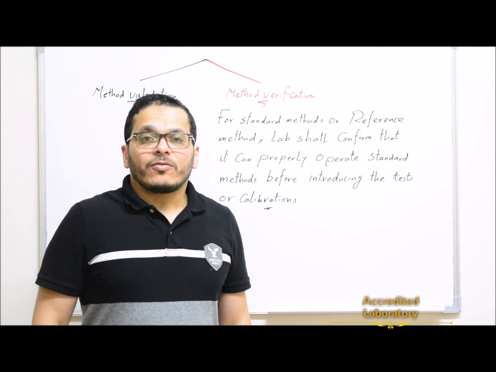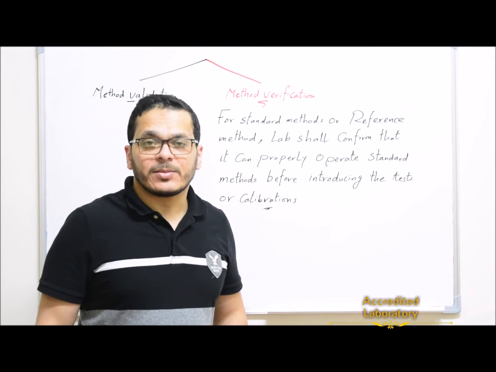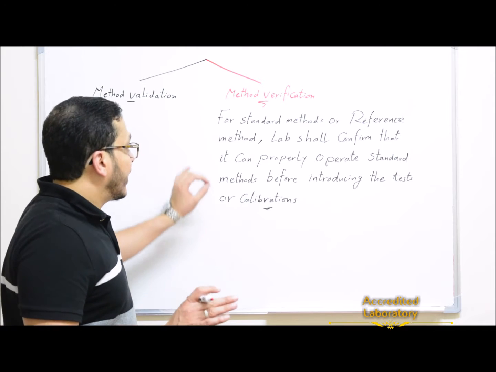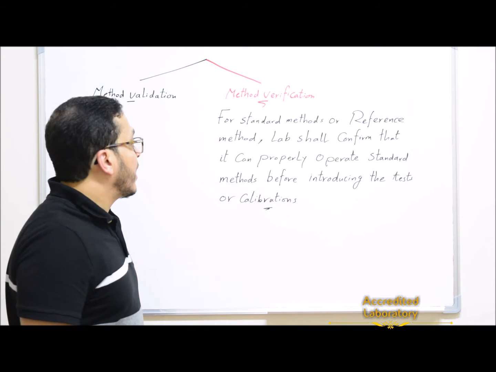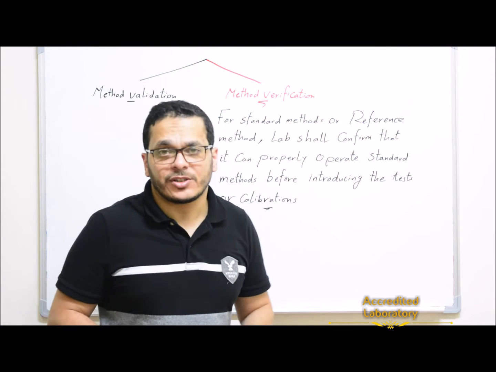But in case of method verification, for standard methods or reference methods, the lab shall only confirm that it can properly operate the standard methods before introducing the test or calibrations.